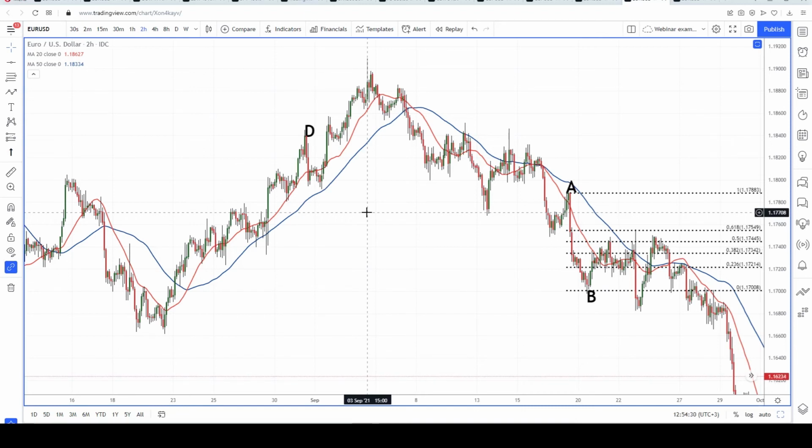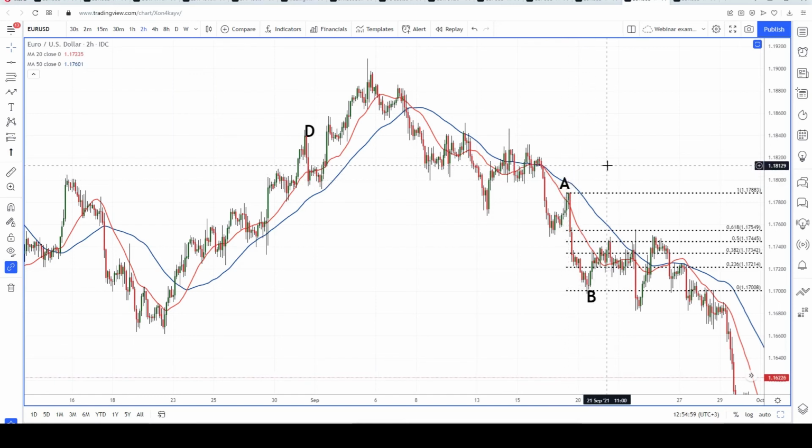There are many ways of approaching this, and as I said, risk management is something that we should spend more time on than this webinar allows. But first of all, you have to decide whether you're going to use variable trade sizes or whether you're going to accept variable risk.